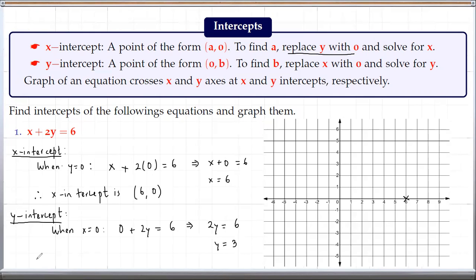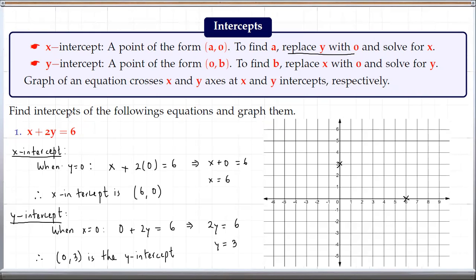So therefore, the y-intercept is the point (0, 3). x is 0 and y is 3. The y-intercept for this particular equation. Again, the point (0, 3) is right here.